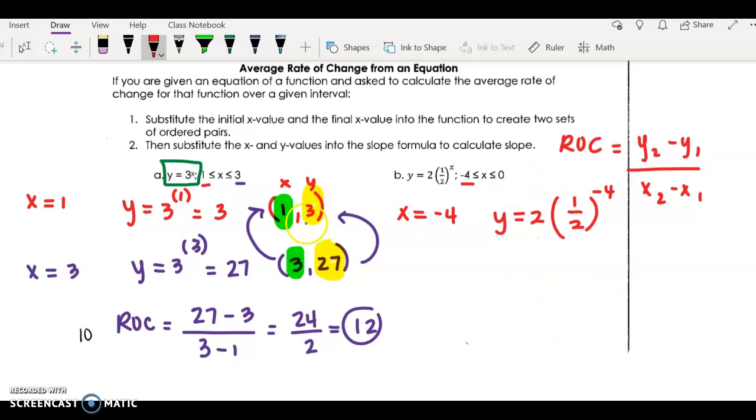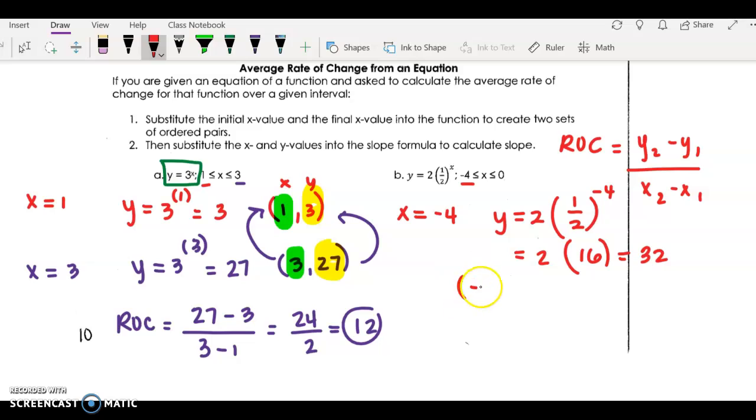You would have to apply the exponent first. The negative exponent flips the fraction, and it'll make 2 to the 4th go on the top. So 2 times 2 is 4, times 2 is 8, times 2 is 16, and that gives us 32.